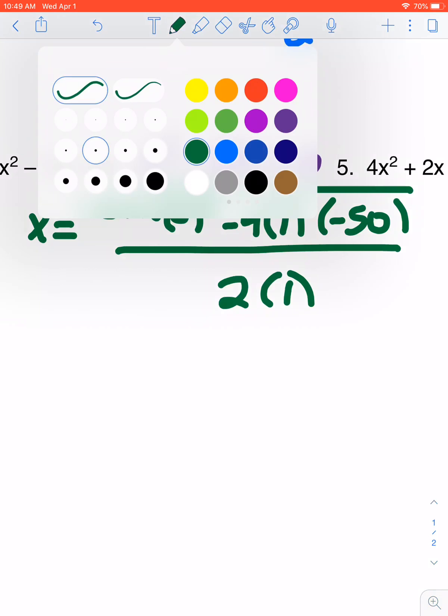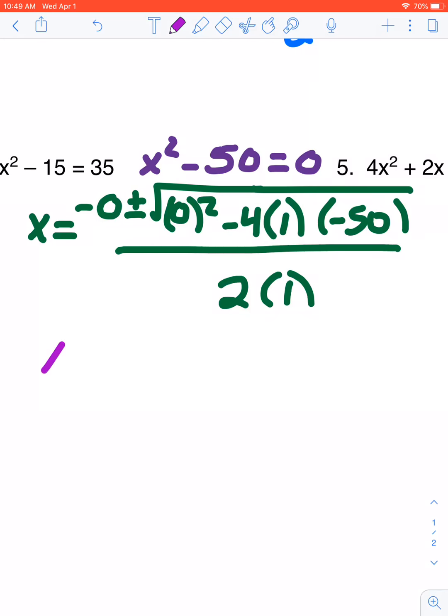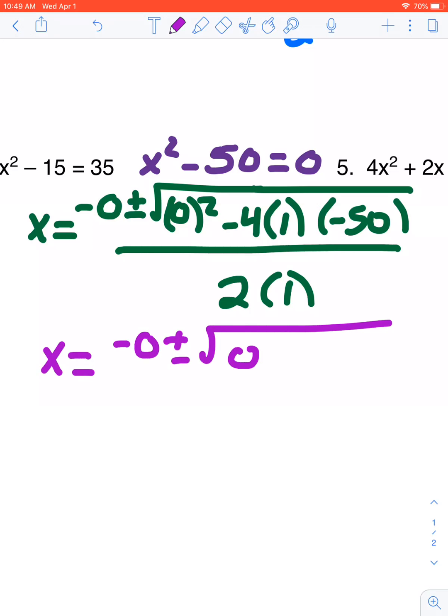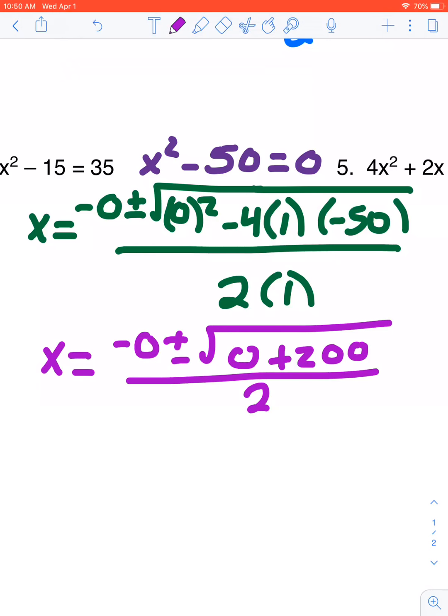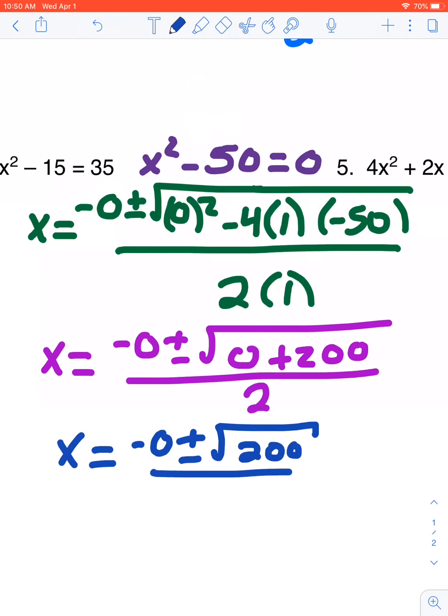Then once I get to that, I'm going to simplify under the radical first. So I get x equals negative 0 plus or minus the square root of 0. Negative 4 times 1 is negative 4. Negative 4 times negative 50 is positive 200, all over 2. Okay? And then from there I keep going. I simplify that down again, and I end up with x equals negative 0 plus or minus the square root of 200 over 2.